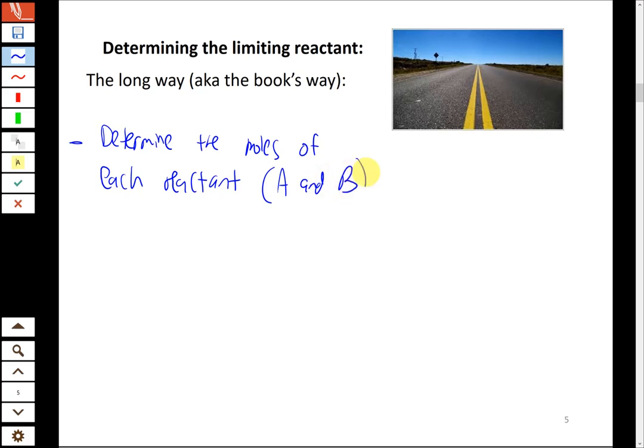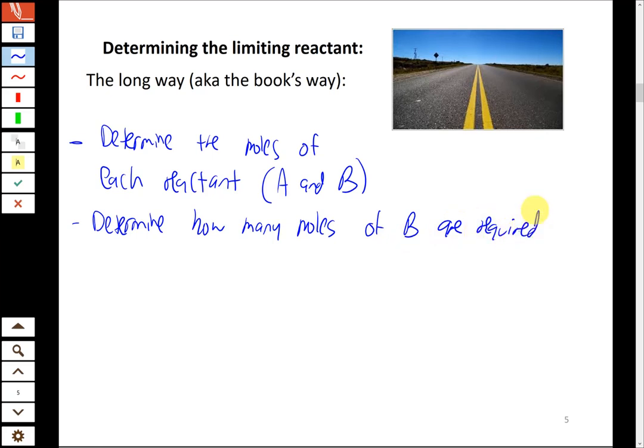So let's say the 2 reactants are A and B. And then what you would do is determine how many moles of B are required to react with that much A. So in this case, you're doing a stoichiometry calculation to say, okay, I have 2 reactants given.